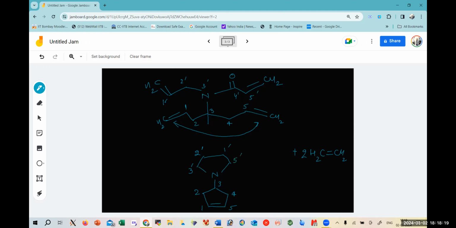This is your 5 dash, and this one is your 4, and 4 dash is having a double bonded O group, and 1 dash and 5 dash, when they combine, they would be having a double bond over there.